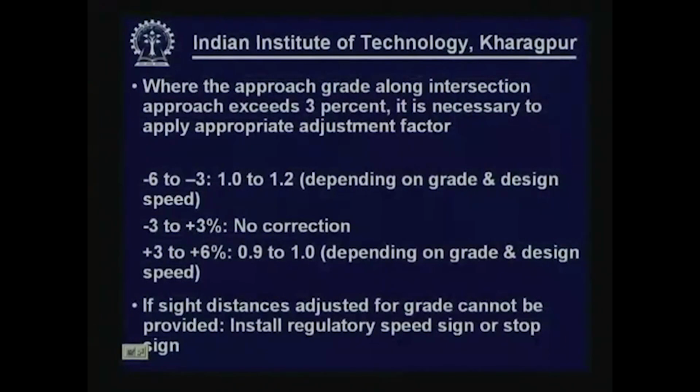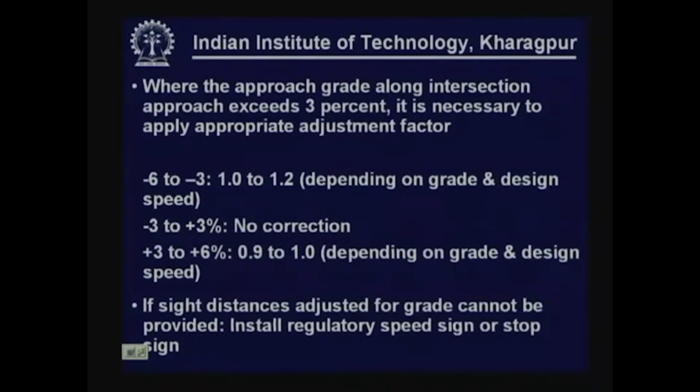Say for minus 6 to minus 3% approach grade, correction factors vary from 1 to 1.2 depending on actual grade and actual design speed. As I indicated, from minus 3 to plus 3, no correction factor is required, and from plus 3 to plus 6% grade, the correction factors recommended are 0.9 to 1.